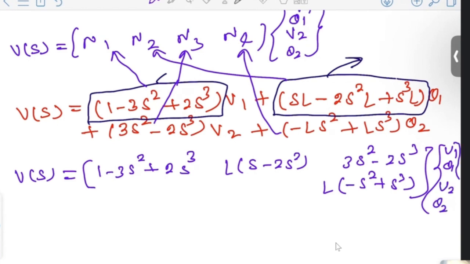So like this we can obtain. Do you have any doubt as of now?